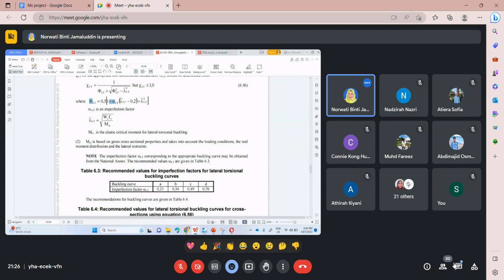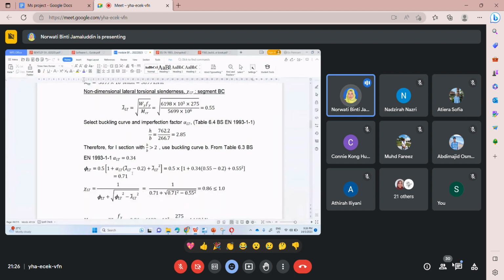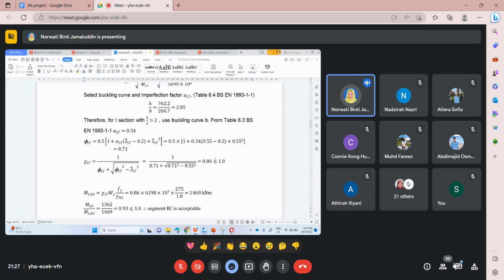For this example, the solution computes the value of phi LT as 0.71, and then substitute into the chi LT equation and calculate. Make sure it is less than 1. If it is bigger, what you have to do? Just consider chi LT as 1. That is the maximum limit for chi LT. And then once you have chi LT, you can have MbRd.